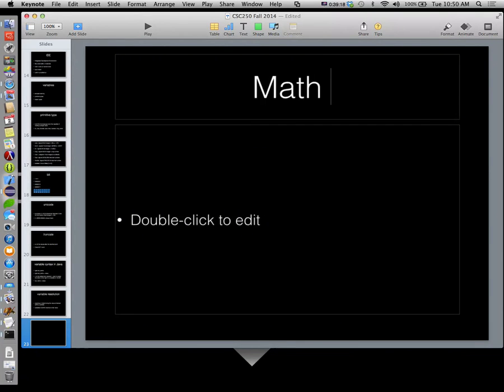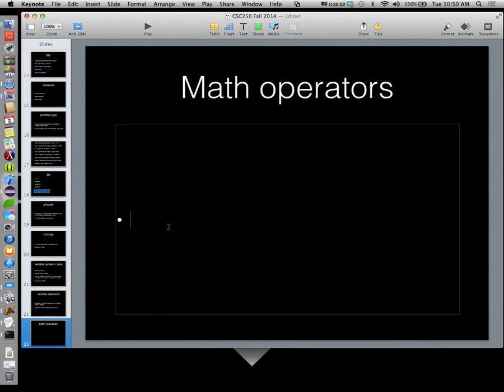So we have the math operators. These are going to be completely brand new to all of you. We have the plus sign, the minus sign, divide, and multiply, asterisk, not an X. We'll start with just that list.